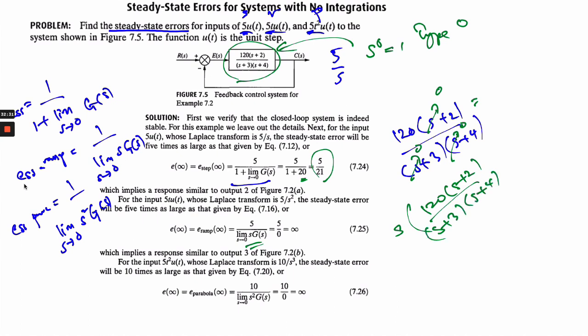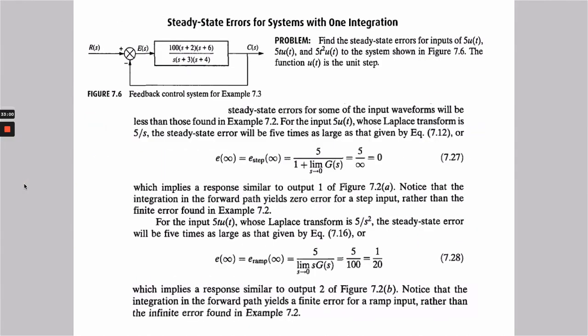As s approaches 0, what we get is 0 multiplied by some value, which equals 0. That's why we get 5 over 0, which equals infinity. And you can do the same for the parabolic input, and then we will get 10 over 0, which equals infinity.